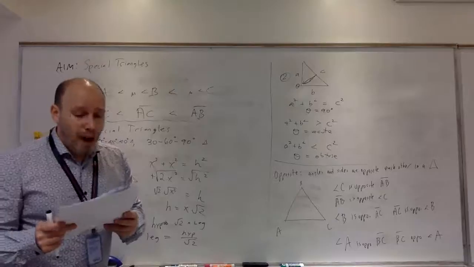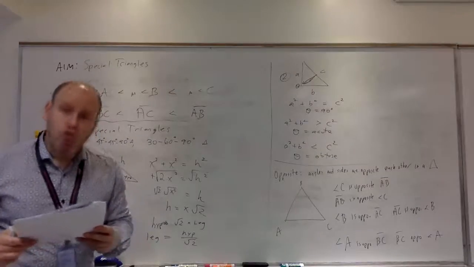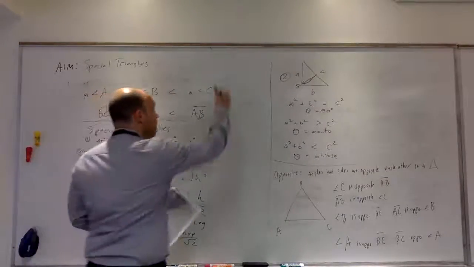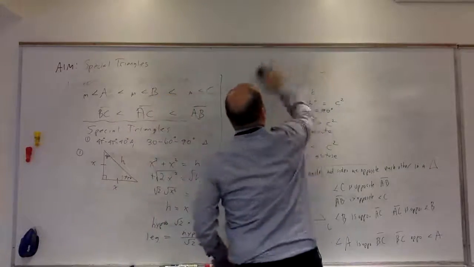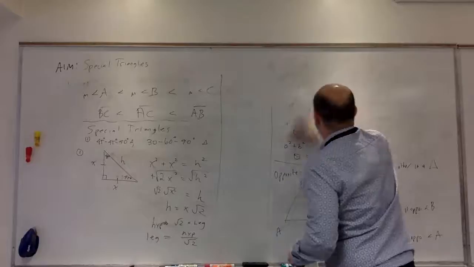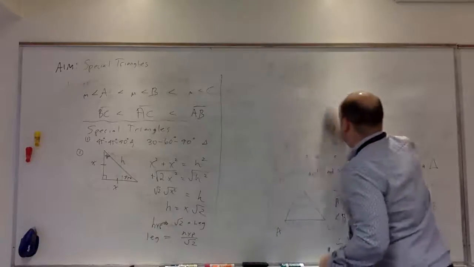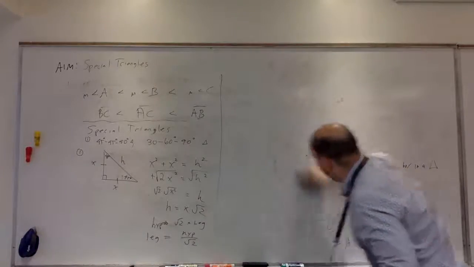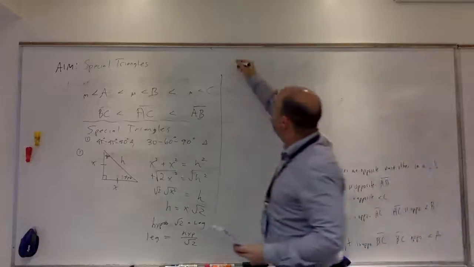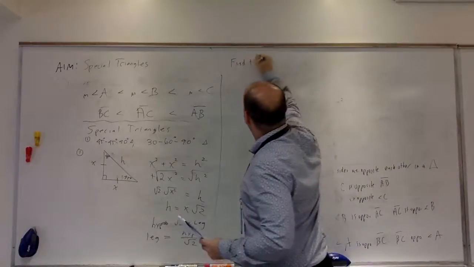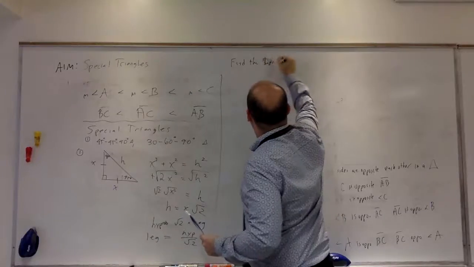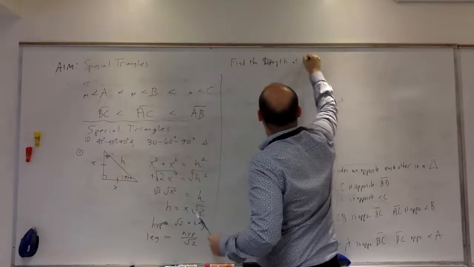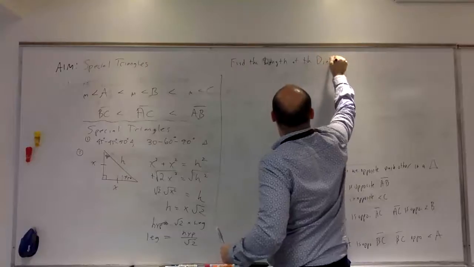Question. Find the diagonal of a square whose perimeter is 16.